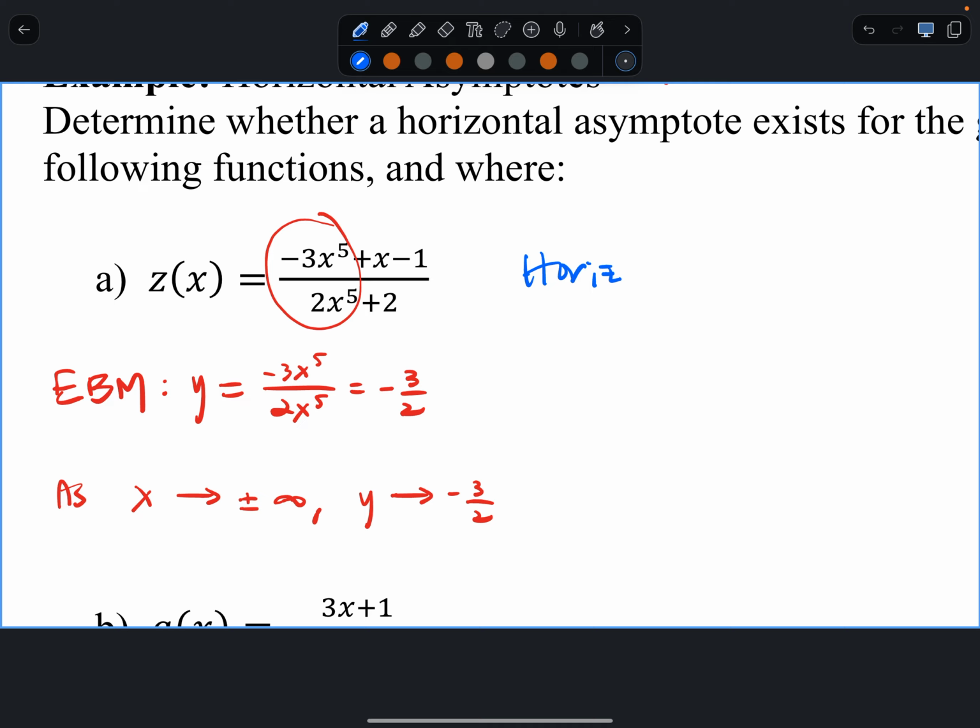Which leads us into slant asymptotes, okay?